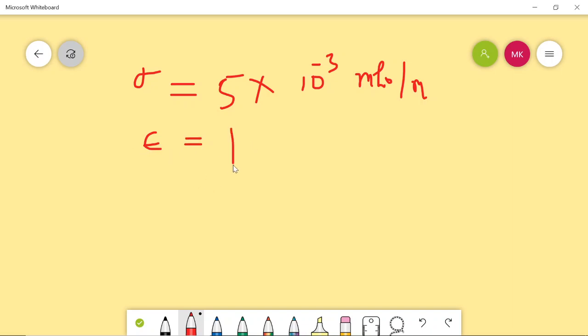So in general, let's take 10 times the free space permittivity.